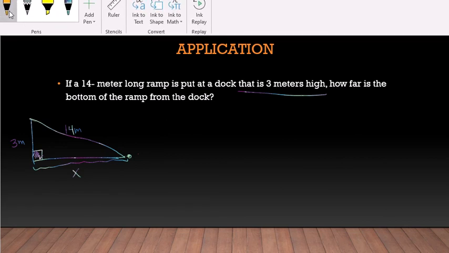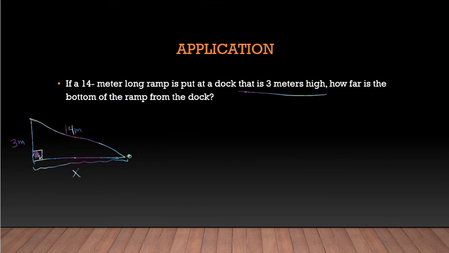Now we are going to label the sides. This is our hypotenuse. This is the leg, and that is also the leg. Okay, so for the formula, we have to find one of the legs. So I'll just put A squared equals C squared minus B squared.